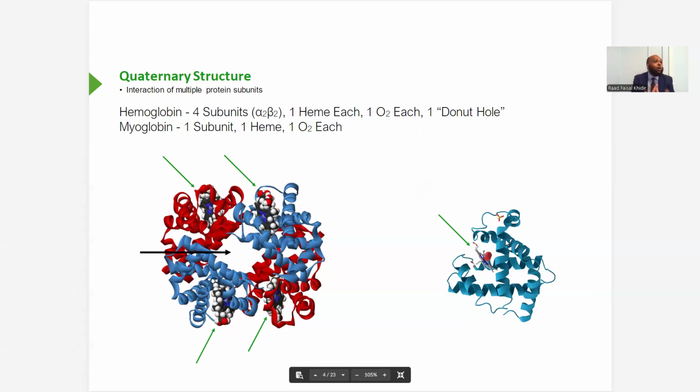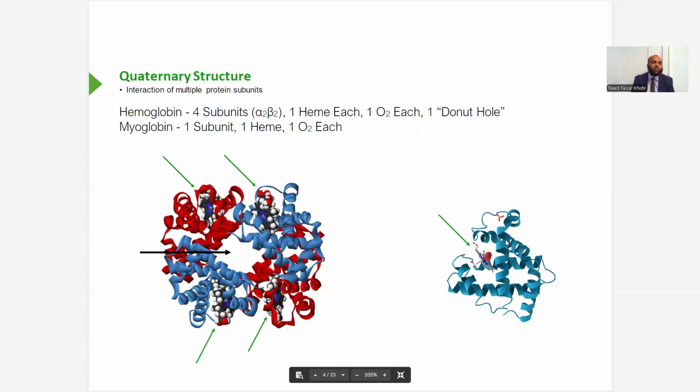If I want to become hemoglobin, if I want to go from third to fourth level, hydrogen bonding is not enough. Van der Waals are not enough. Hydrophobic interactions are not enough. What else do I need? Ionic bonding. That's going to take me to the next level. So hemoglobin is quaternary.